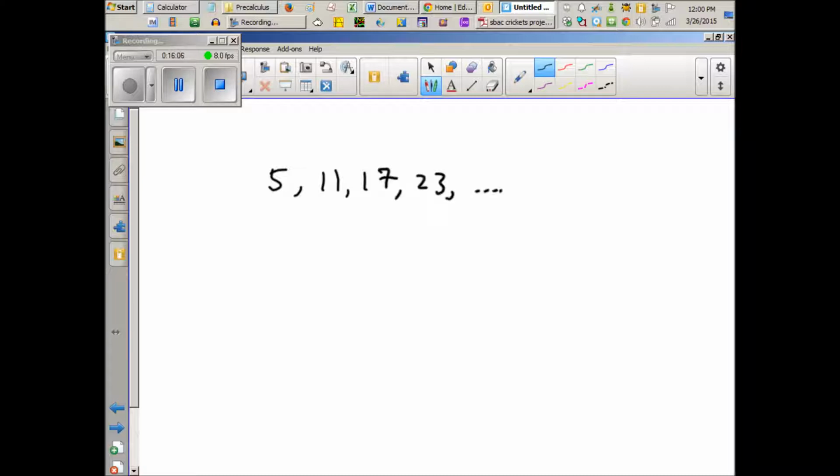If you see this, and your very first differences are common, this is automatically linear growth. So go ahead and write this sentence. This is our last sentence. If the first differences are constant, the growth is linear.